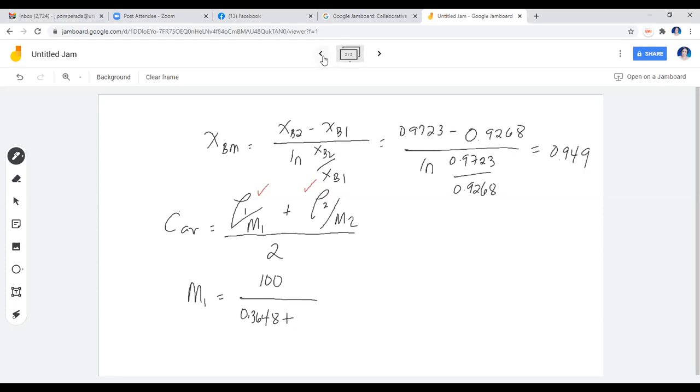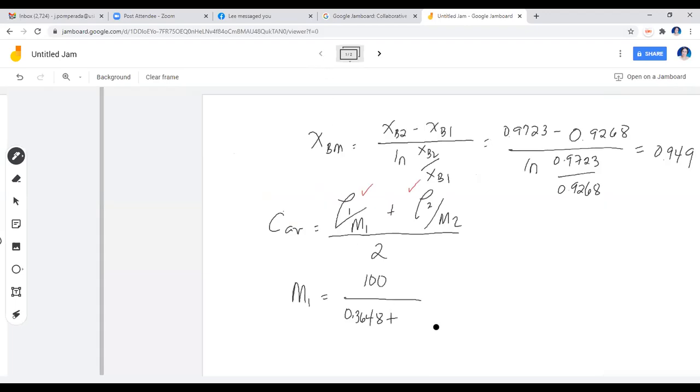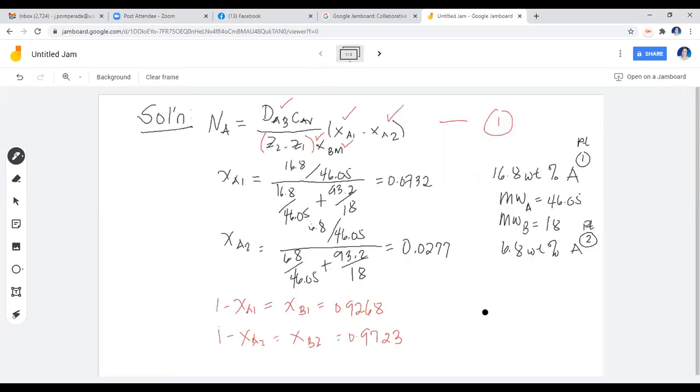So in this case now, how do we find the moles of B? How do you find the moles of B at point 1? I have here the data that you can use.